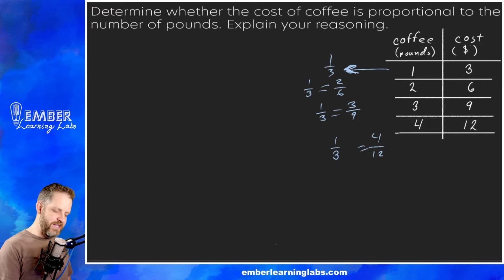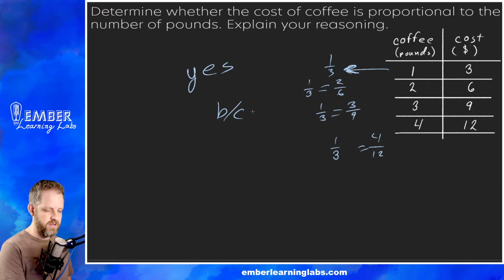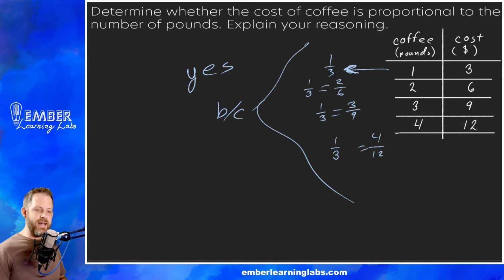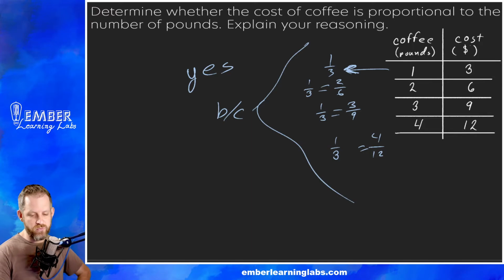So this is proportional. Yes. And because they all have the same rate. Easy peasy, lemon squeezy. That's all that a relationship has to do to be proportional, is have a constant rate.